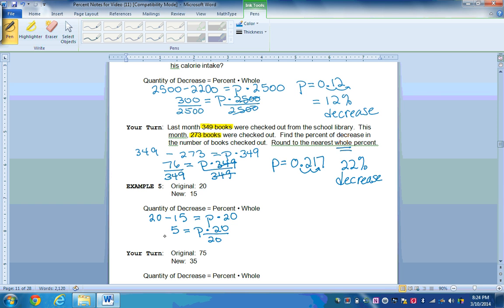Divide by 20 on each side. Those cancel, and P is equal to 5 divided by 20 is equal to 0.25. Multiply it by 100 so that we change it into a percent, and that comes out to 25% decrease. Go ahead and hit pause and try this next problem, please.